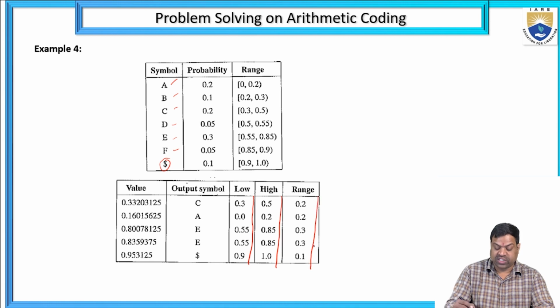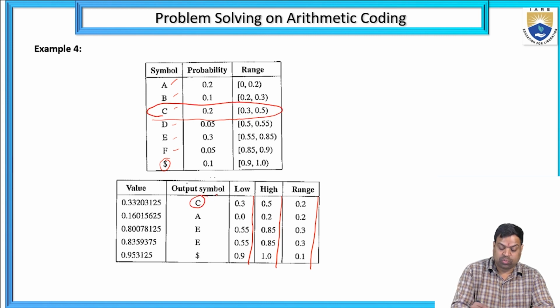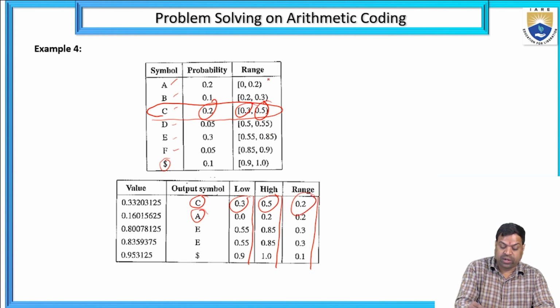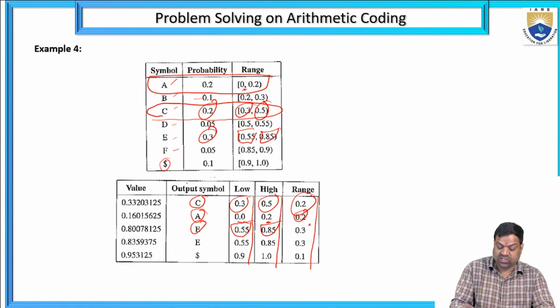Next is the range. Suppose the output symbol I'm taking is C. What is the range? It is 0.3 to 0.5, so the range is 0.2. Next I'm taking output A: 0 to 0.2, and the probability is 0.2. Then E: the range is 0.55 to 0.85, so the range is 0.3.